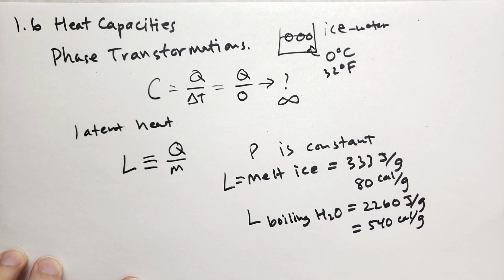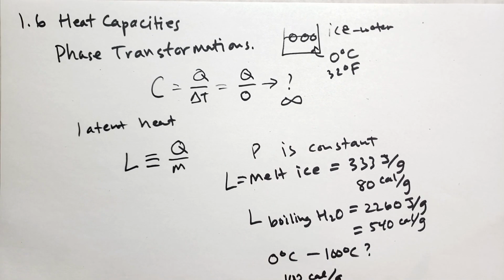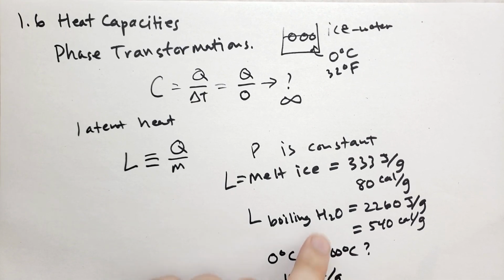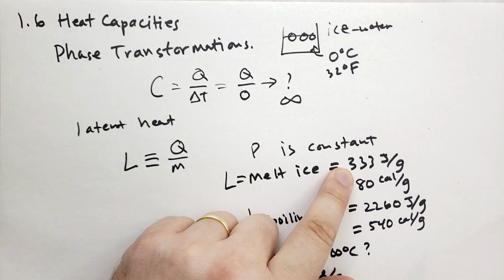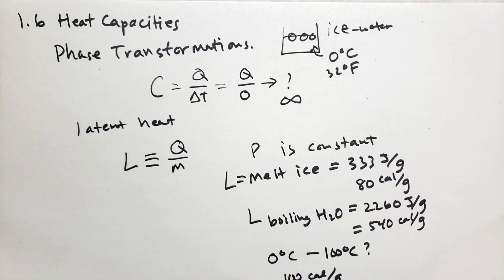So how much energy does it take to raise water from 0 degrees Celsius to 100 degrees Celsius? The answer is about 100 calories per gram. So it takes about 100 calories per gram to raise that temperature that much. So it takes 3 times as much energy just to melt the ice, and it takes 22.5 times as much energy to boil that water off.